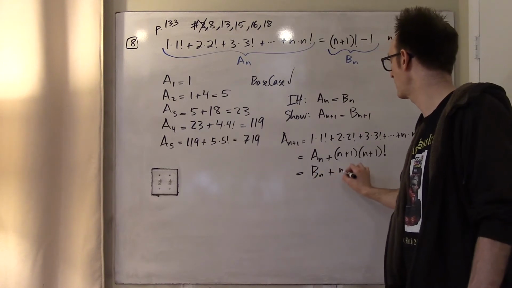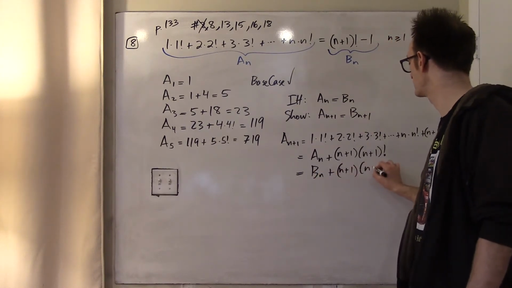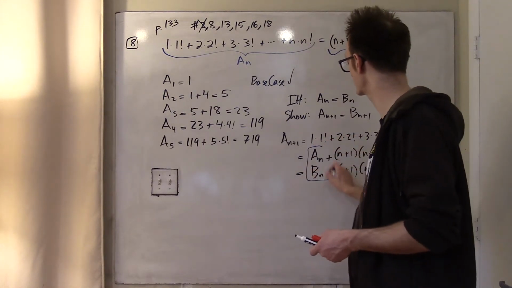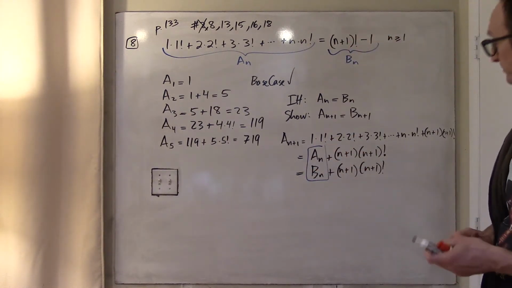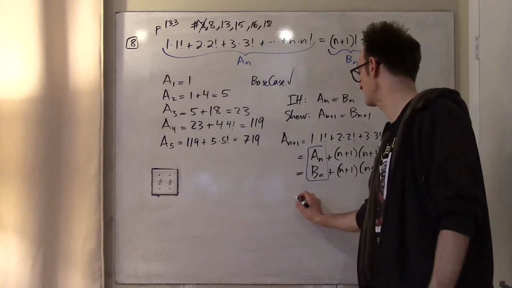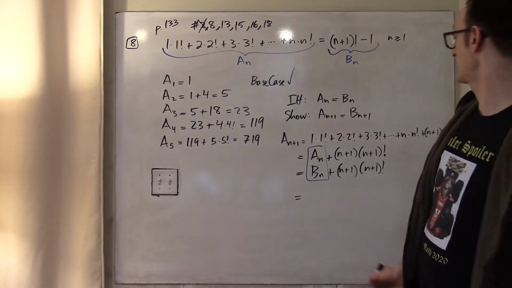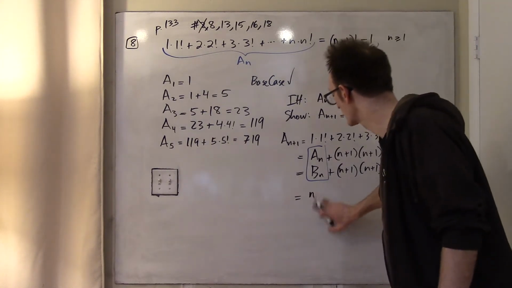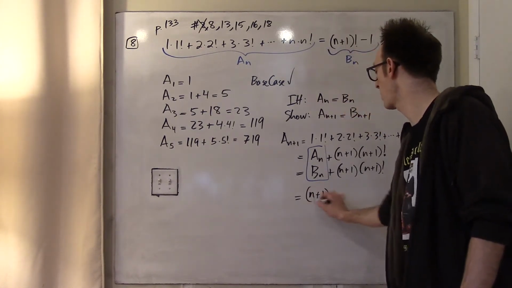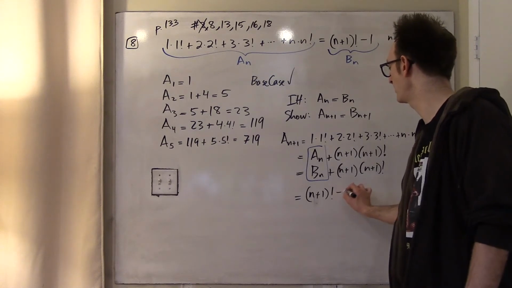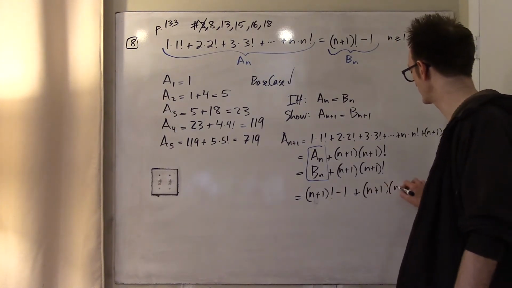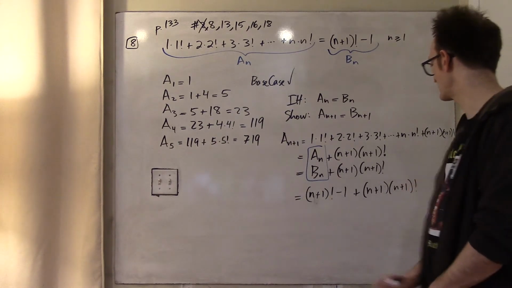And so when it comes to doing the proof, here we go, those two are equal, and hopefully now this thing just does itself. What is b sub n? It's n plus 1 factorial minus 1, plus n plus 1 times n plus 1 factorial.